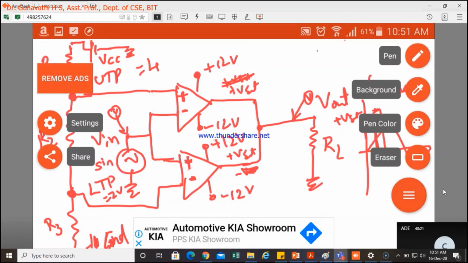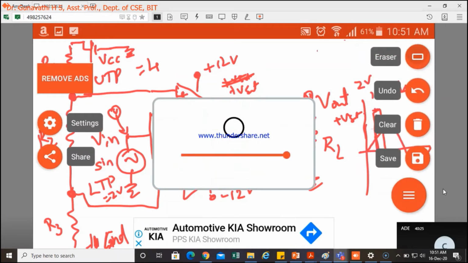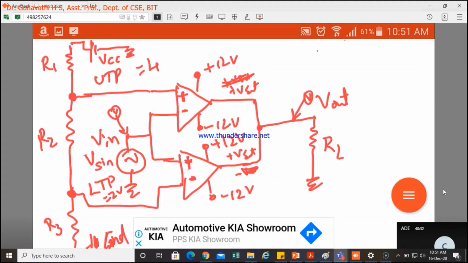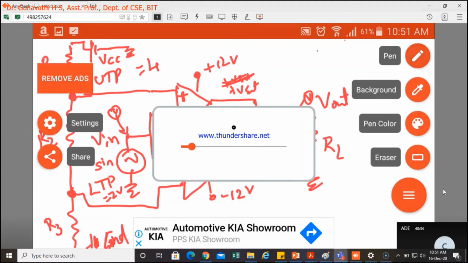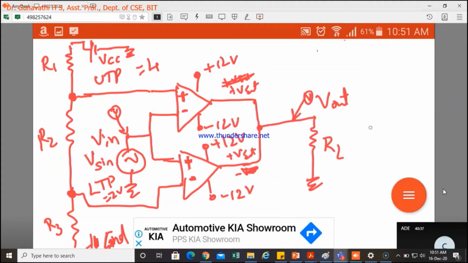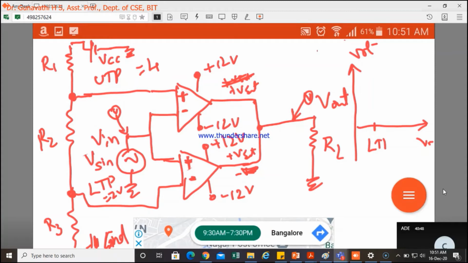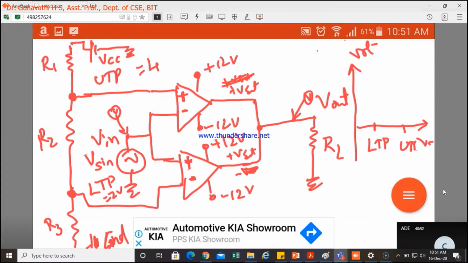Now I am going to draw the transfer characteristics for this. You already know the meaning of transfer characteristics, input versus output. So this is the input Vin, output Vout. Between the lower threshold voltage and upper threshold voltage, your comparator is working.